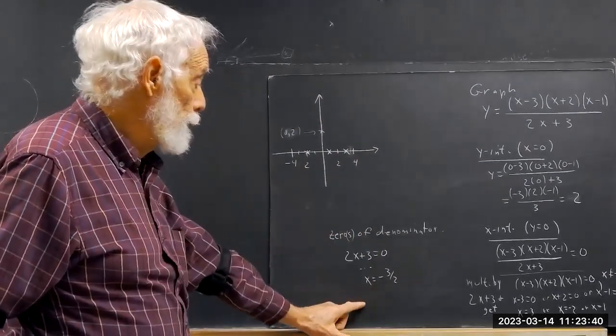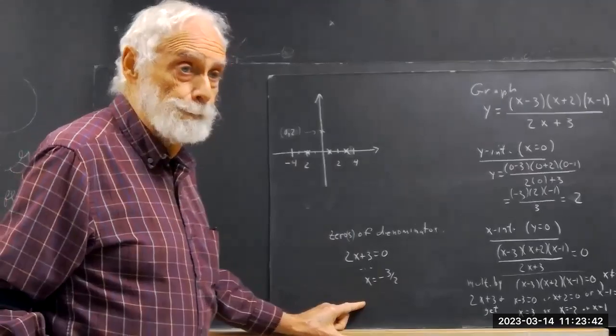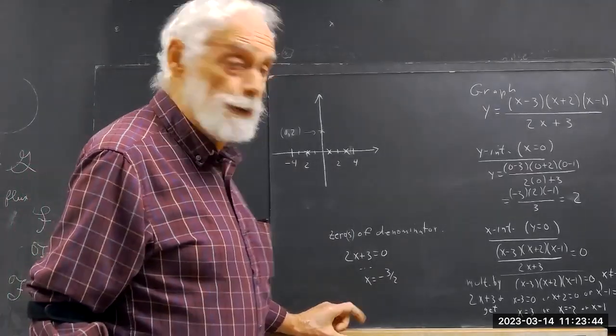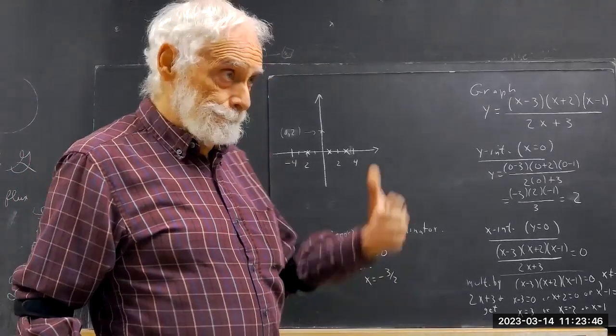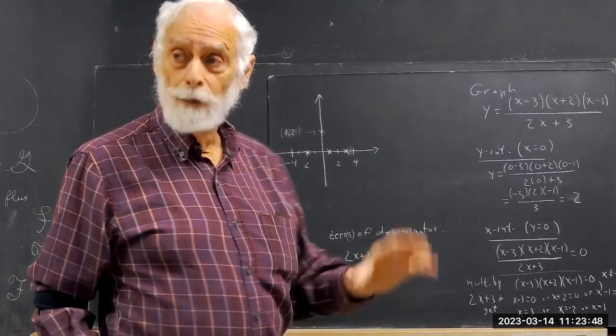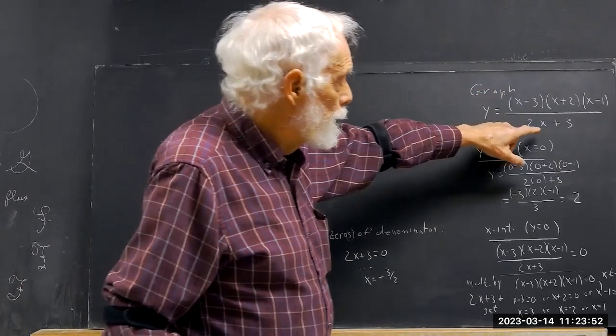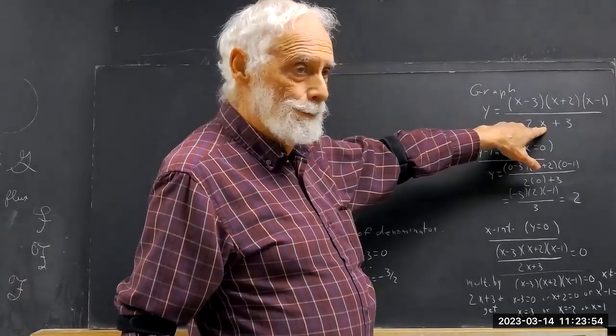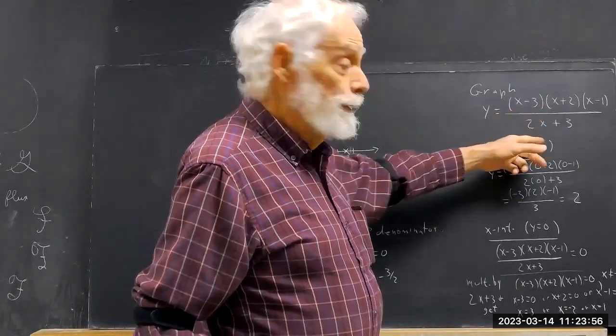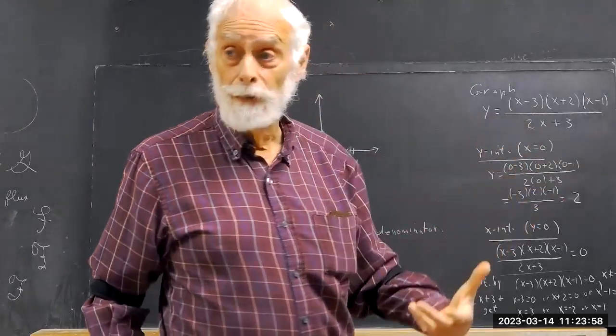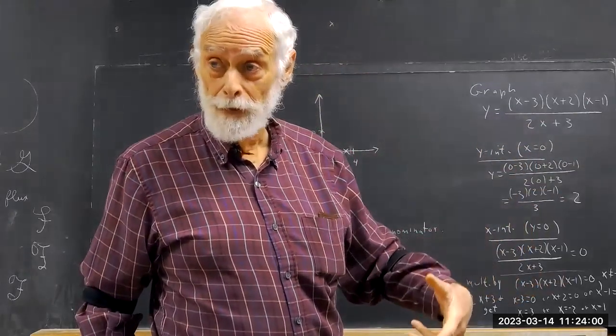What are we going to do about the 0 of the denominator? Well, as I explained in more detail in the earlier part of the video in the support class, if the denominator is 0, you don't have any y value. The function is undefined because division by 0 is undefined.